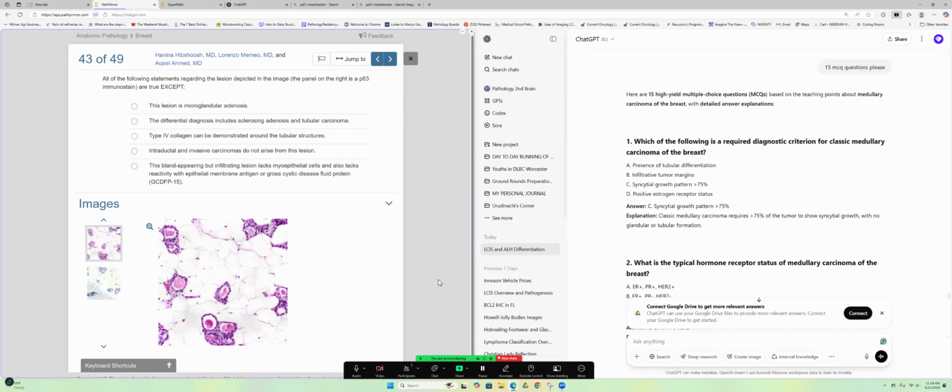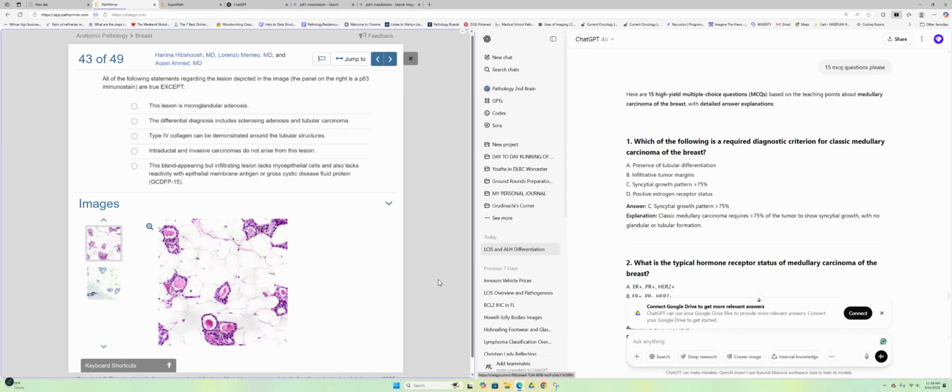Okay. Tubular carcinoma, tubular carcinoma. Can we do PR? What will we say? ER, PR, I think will be present in tubular carcinoma and the rest.